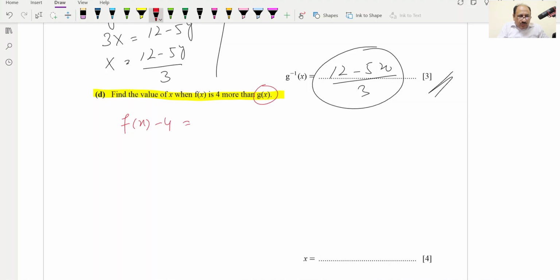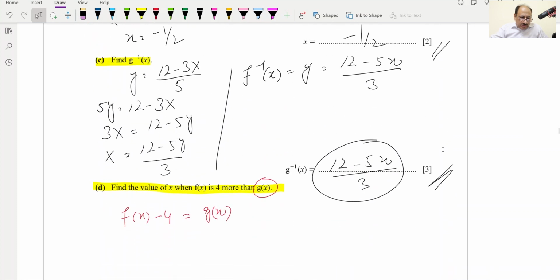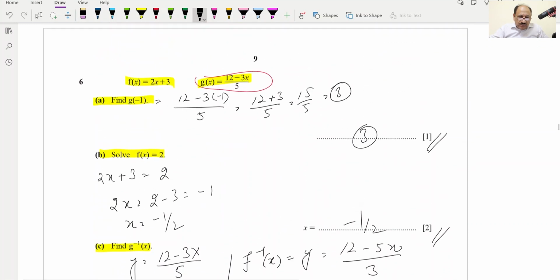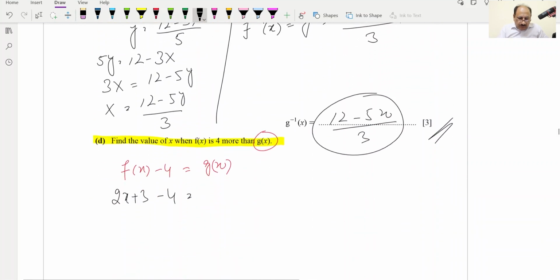So this will be our equation in which we will be replacing f of x and g of x. f of x is 2x plus 3, so we can write 2x plus 3 minus 4 is equal to g of x, which is 12 minus 3x over 5.